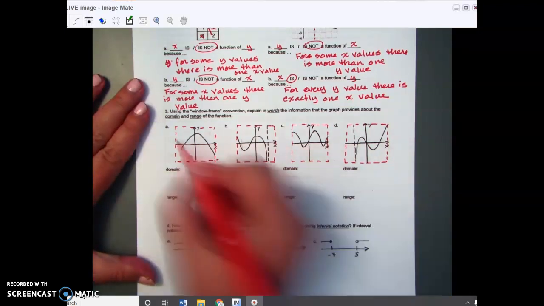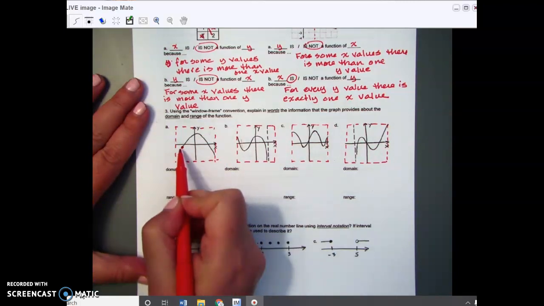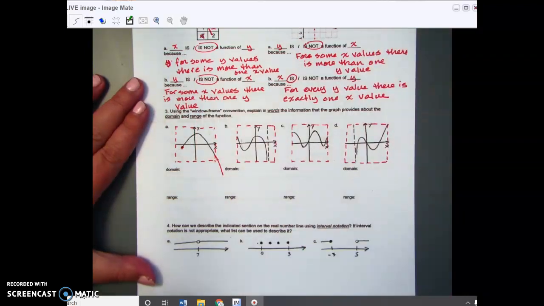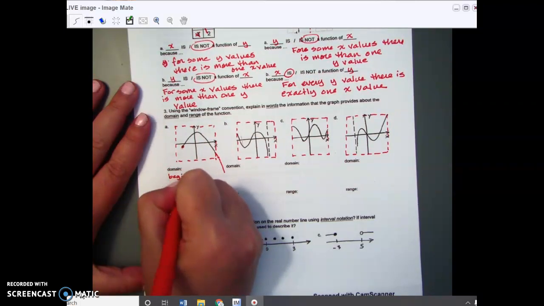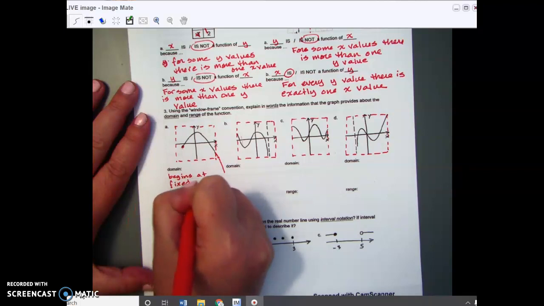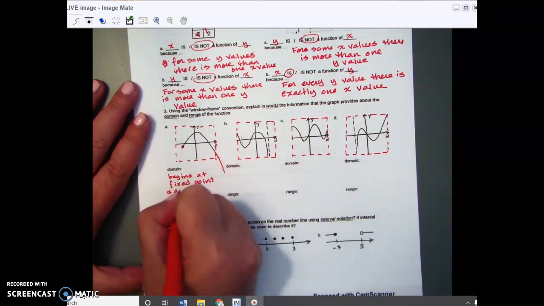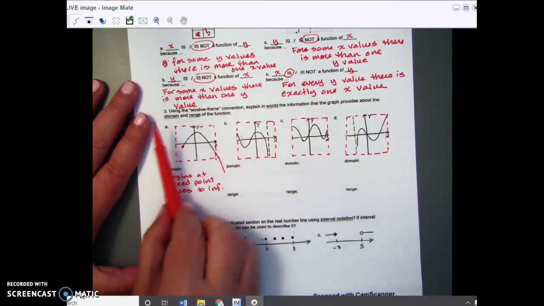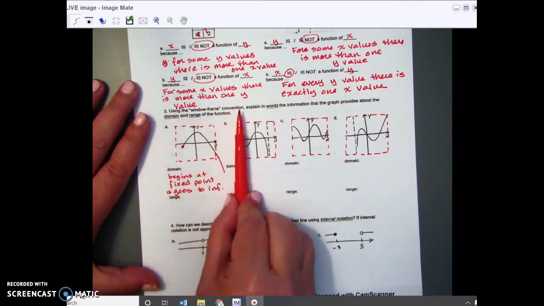So taking a look at this one, do you see that for A, we have a starting point here, but over here it touches the window frame. So it's going to keep going on forever. So that means that we're going to begin at a fixed point and then it goes to infinity. So if I take my pen, I start at this fixed x point, and then I keep going to infinity to the right.